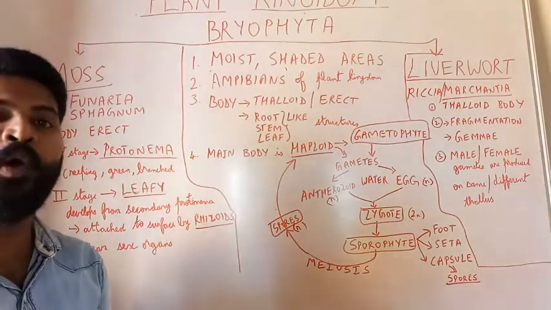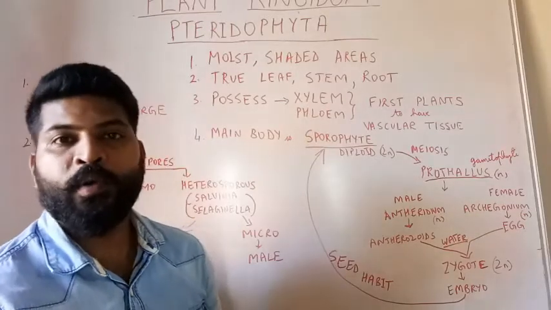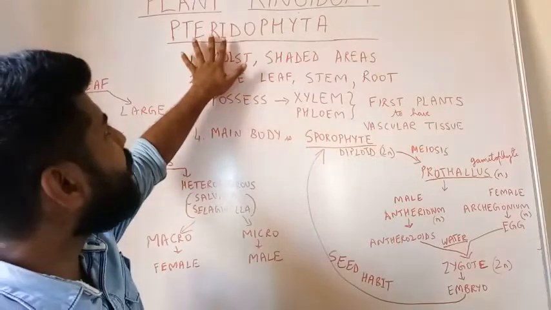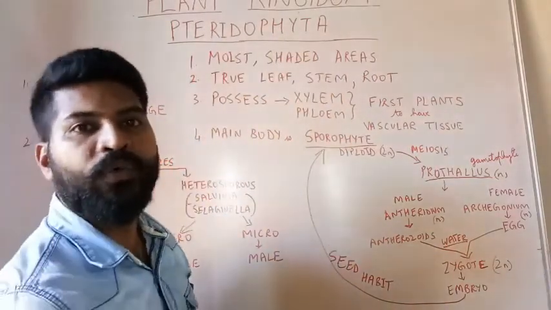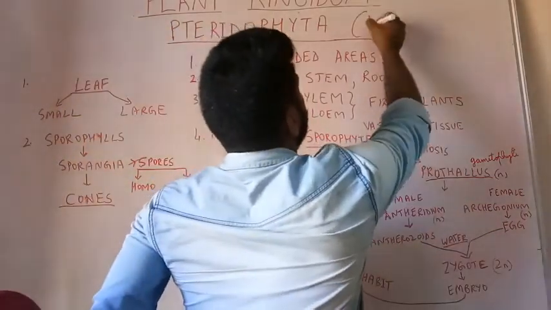Next we discuss Pteridophyta. The third group of plants that we are going to discuss are the Pteridophyta, commonly called ferns or horsetails.